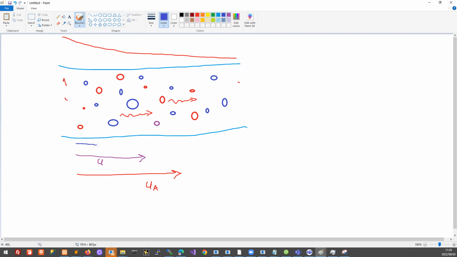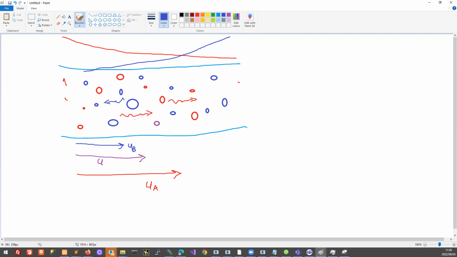So B may look like this. So this might be U_B. And it's likely that B is trying to diffuse in this direction against, so B's concentration gradient might be like this, right?